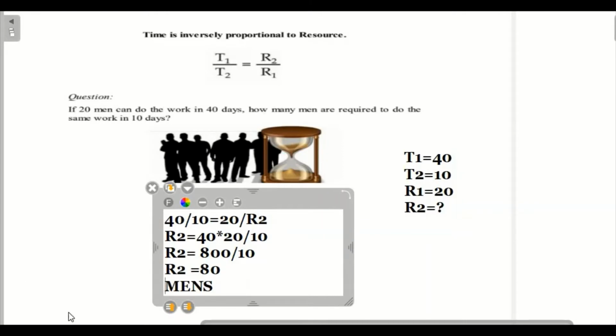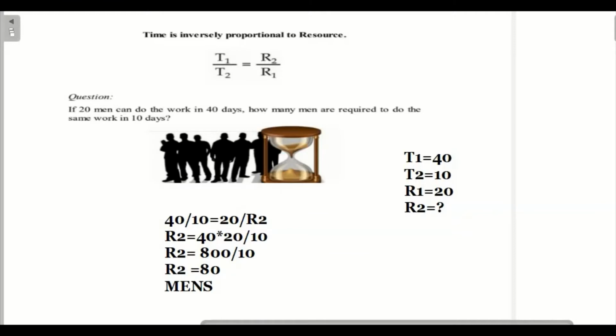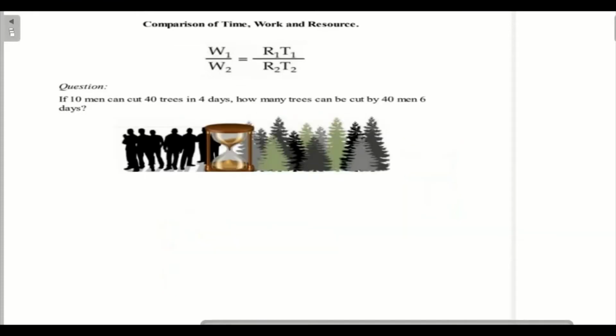For the next problem, instead of work cases, we are mentioning the time. If 10 men can cut 40 trees in 4 days, how many trees can be cut by 40 men in 6 days?